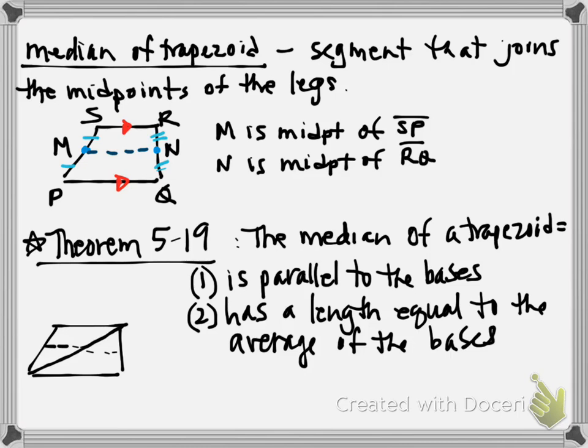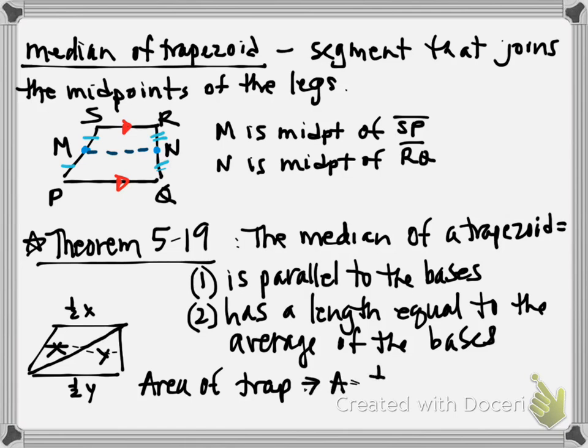So this goes back to that Theorem 511, that this piece here is going to be half of this piece. So if you're figuring out the area of each of those triangles, you're going to have 1/2 times base times height. The area of a trapezoid uses the same notion. It's 1/2, multiplied by the height, which is some value that goes from the top to the bottom, times the sum of the bases.